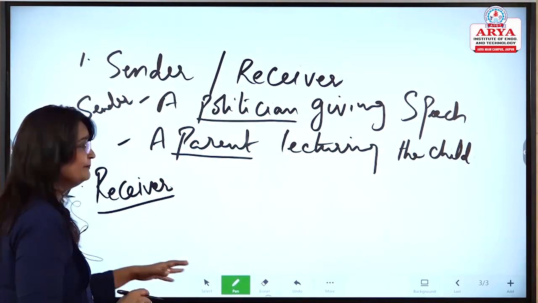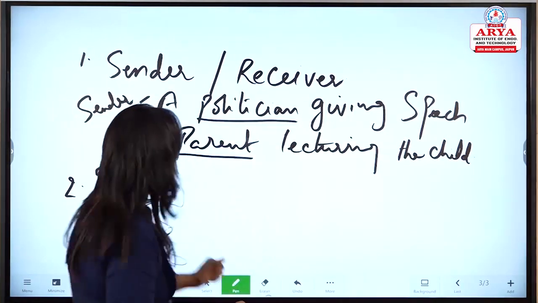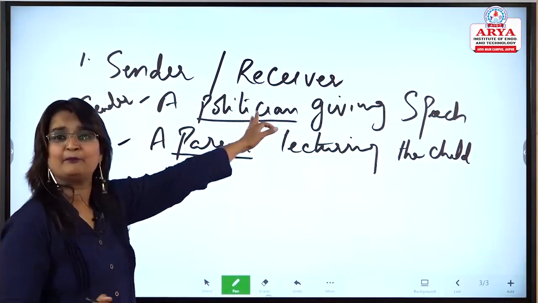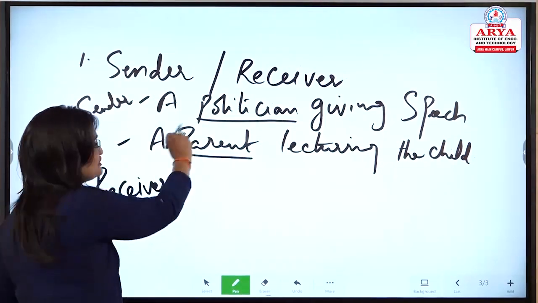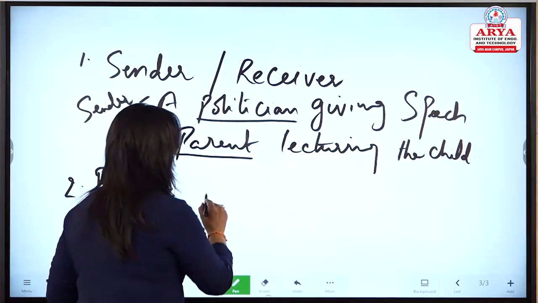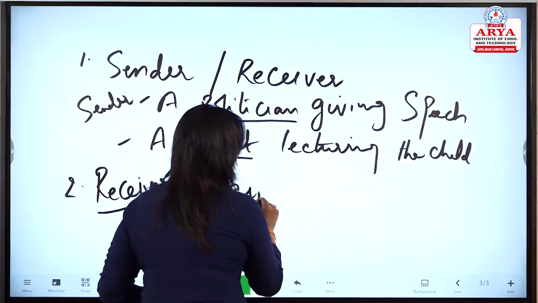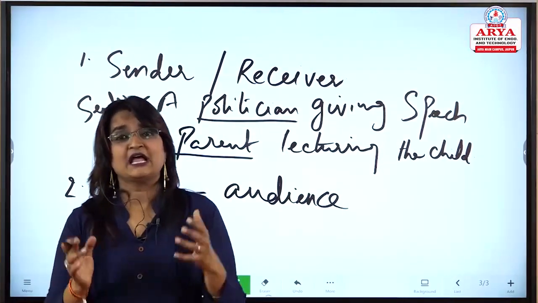In the same way, the politician is giving the speech. So who are the receivers when the politician is giving the speech? It is the audience, the public. They are the receivers because they are listening.